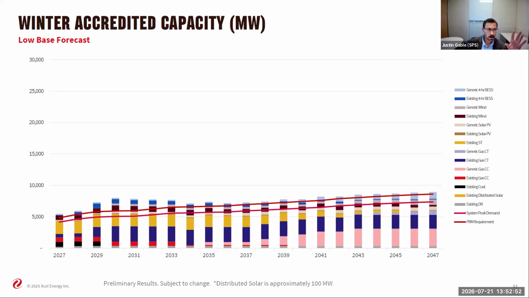Now, in general, though, what we are seeing in the low forecast as compared to the regular planning forecast is a good distribution of different resource types across the system. So it's not necessarily looking at avoiding any thermal generation or avoiding any solar. It's a very well-rounded mix of resource types in our low forecast scenarios.